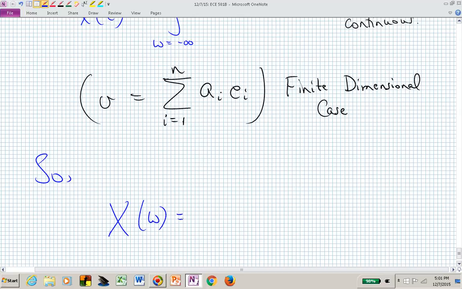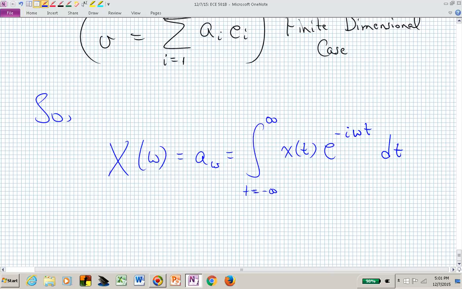So we could say capital X of omega is now this little a of omega, which is this integral from t equal minus infinity to infinity of x of t complex conjugate, whoops, now I'm reverting back to i being j. Let's keep it as i, so we have e to the i omega t dt. If you fix omega, the frequency, what are you saying?